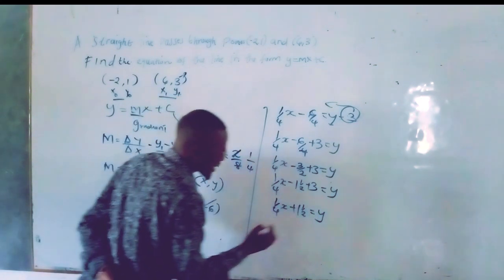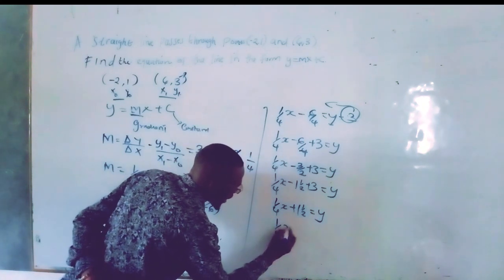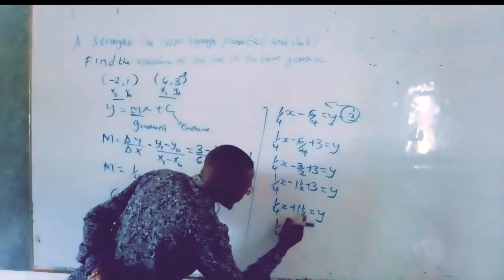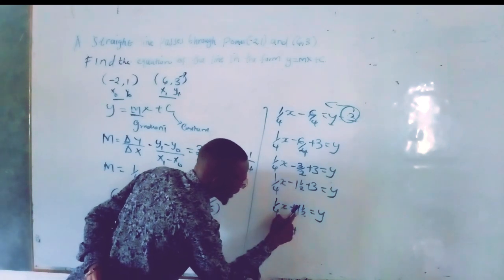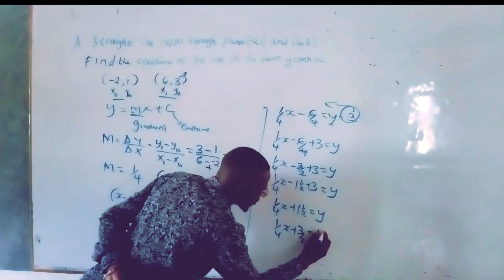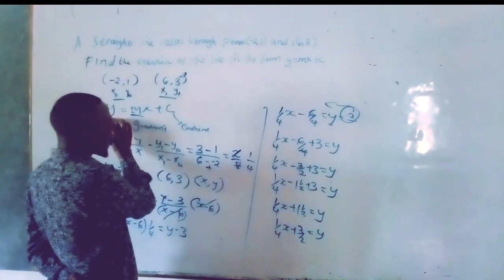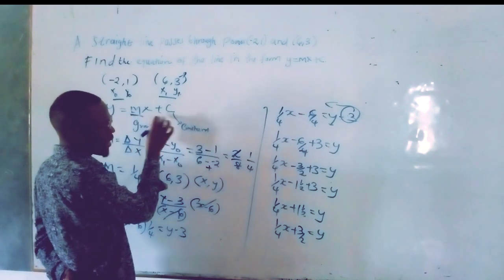I can also write it in the form of an improper fraction as 1/4 x plus, we multiply here, 2 plus 3 over 2, which is equal to y. And I want to write it in the form y = mx + c.